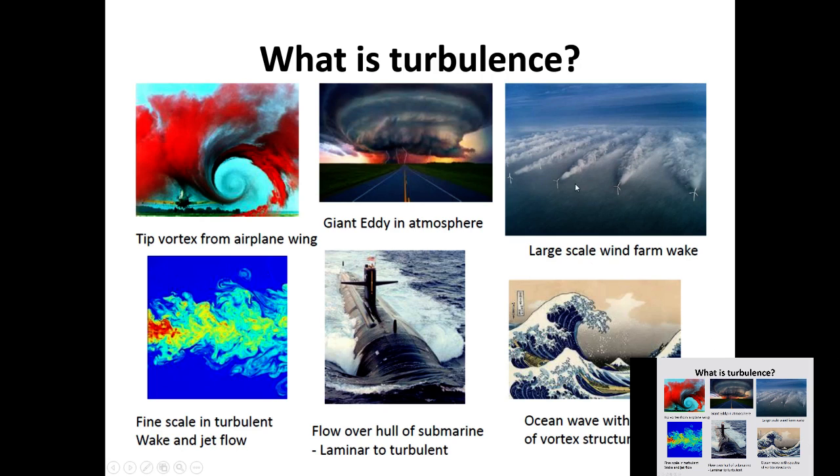And in a wind farm, you will always have eddies behind the wind turbine. And this is just a wake of a jet flow, and flow over a hull of a marine vehicle, in this case a submarine, and obviously ocean waves. So I told you how ocean waves can be created.